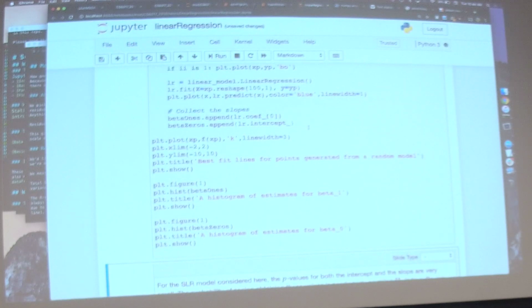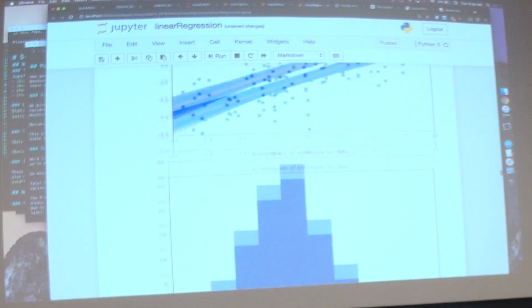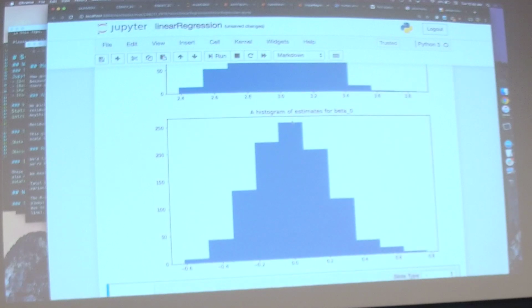We expect this to be 0, right, there was no intercept in our data, and we'll see we get a histogram centered at 0.